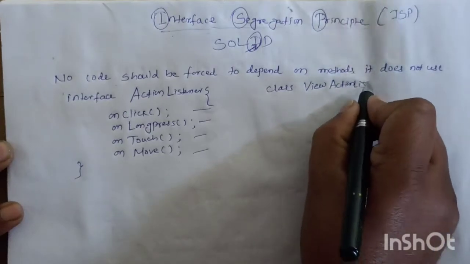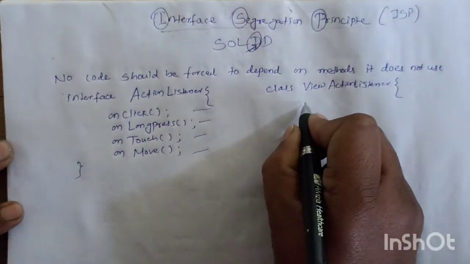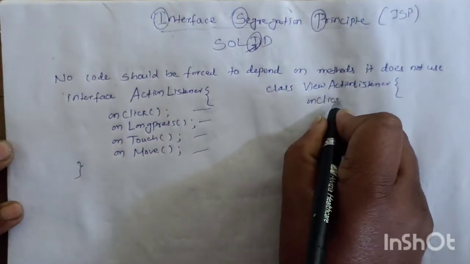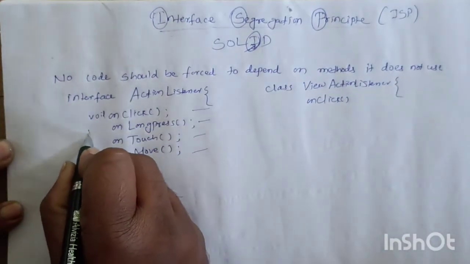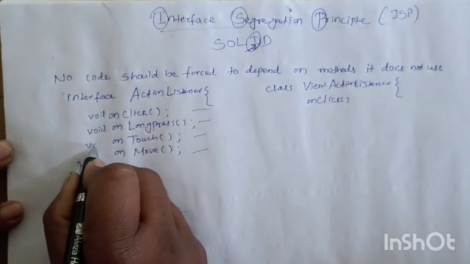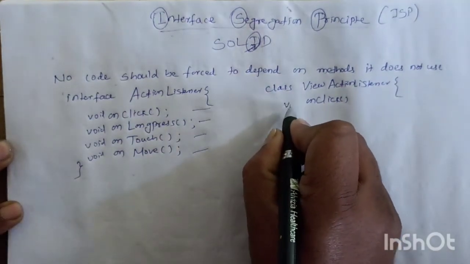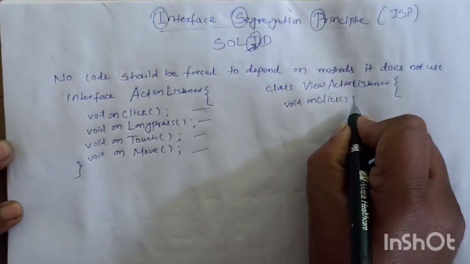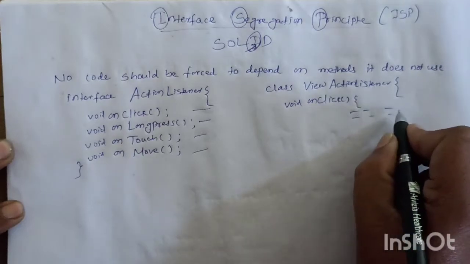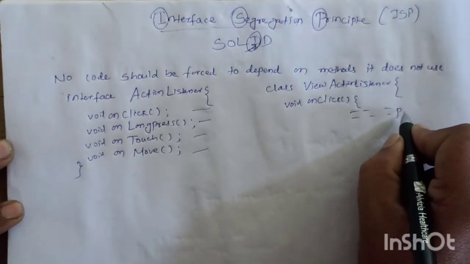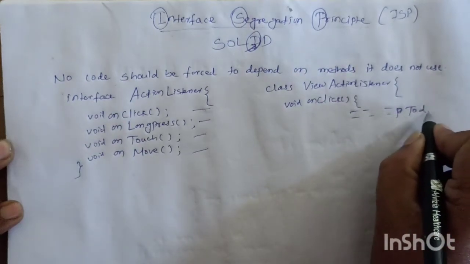This is the implementation class. Let's say the return type is void for all of these, meaning we are not expecting any return value. So it will be void onClick, and in the implementation we write, for example, performing a login action or making a network call. Whatever action we want.